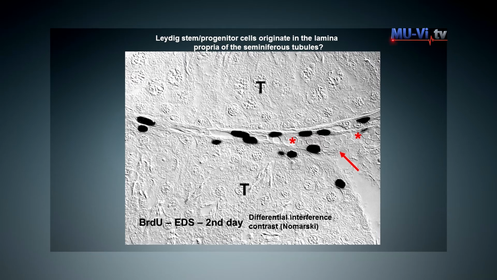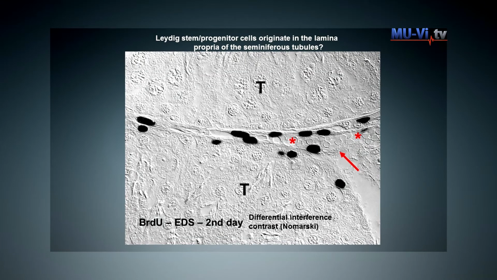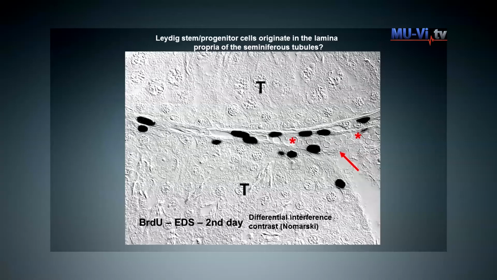You can see here a tubulus, another tubulus, and you can see here bromodeoxyuridine positive cells after EDS treatment. And most of the people have explained this result as showing that the lamina propria of the tubulus is the structure which builds the stem cells for the Leydig cells.